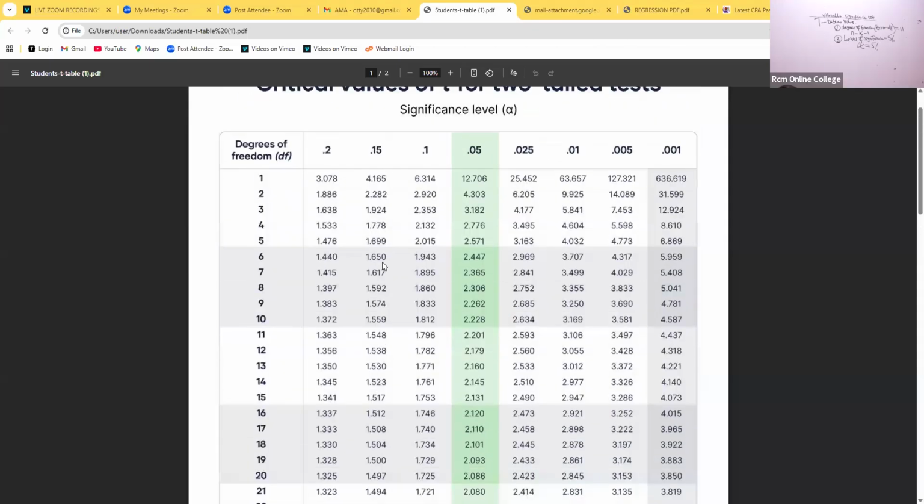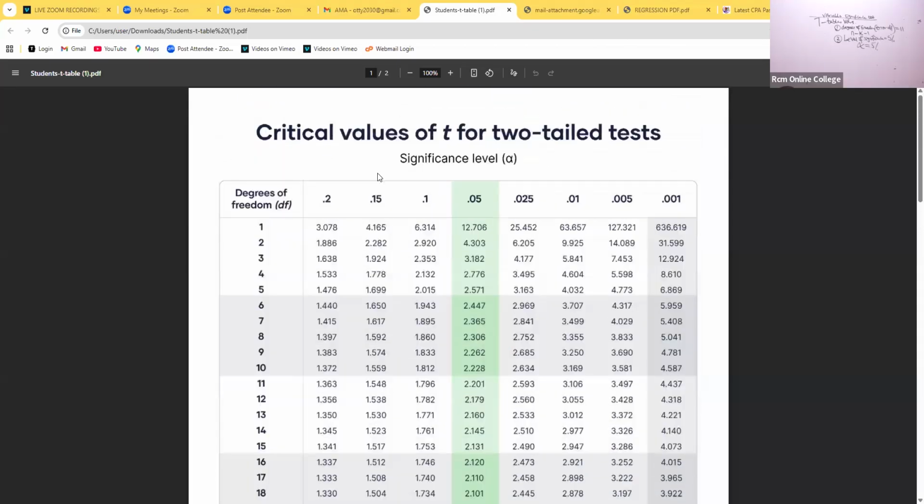You can see, ladies and gentlemen, they have given us the level of significance, and then you have degrees of freedom. We have 11 degrees of freedom. So you work with this up to the 5%. You see, 5% is the same as 0.05. So the T that we have here is 2.201. We call it T critical.